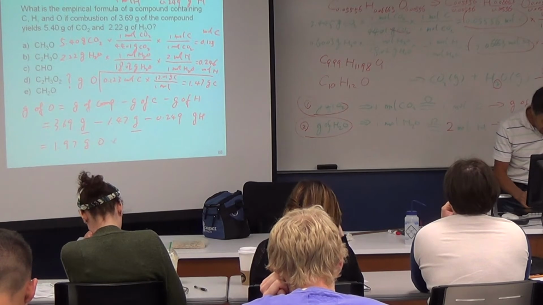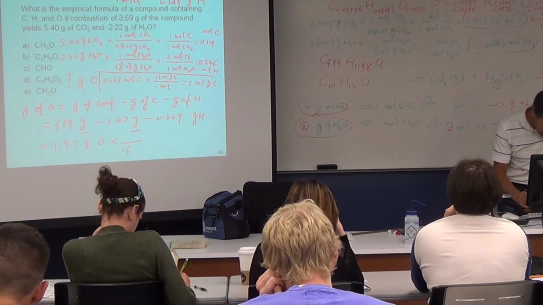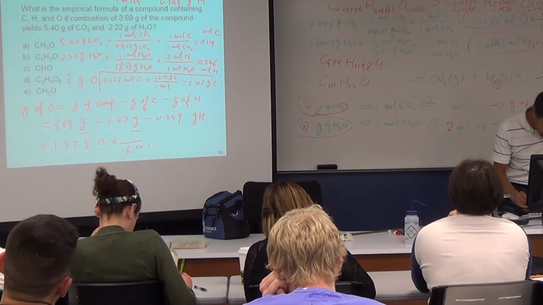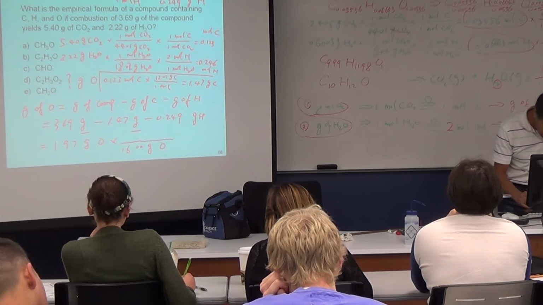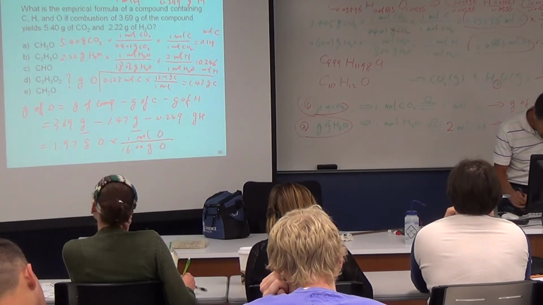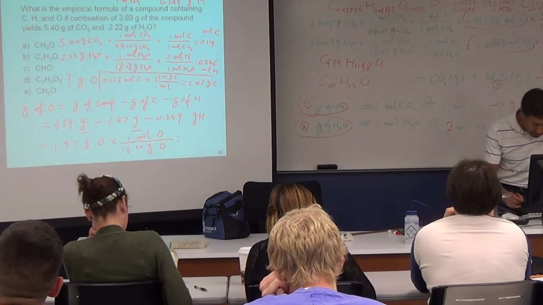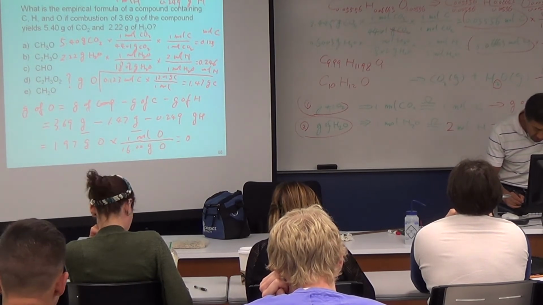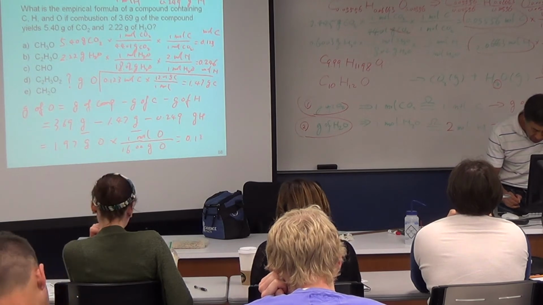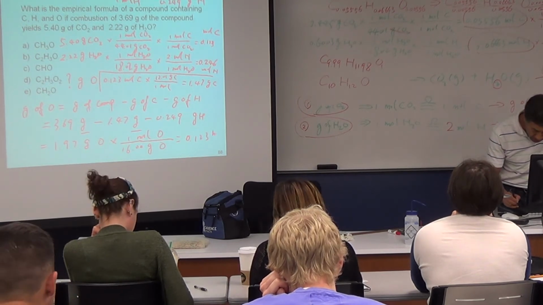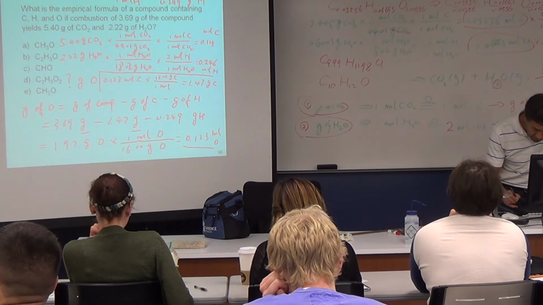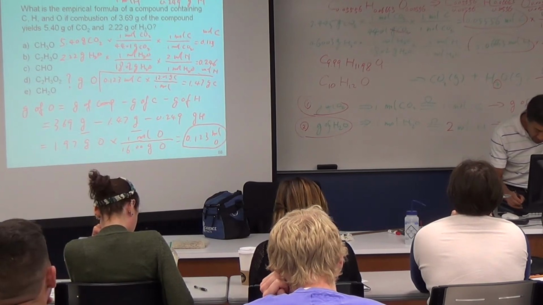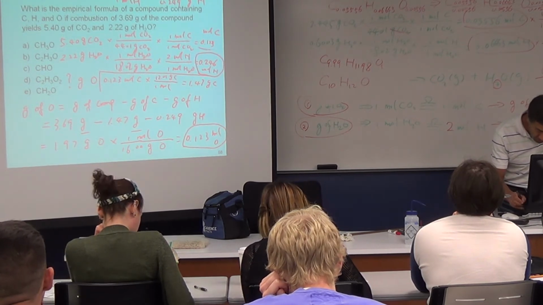So we'll take this number, we know we have 16.00 grams of O for every 1 mole of O. So how many moles of O do we get? 0.123 something, moles of O. Now we have these 3 moles: moles of H, moles of carbon.